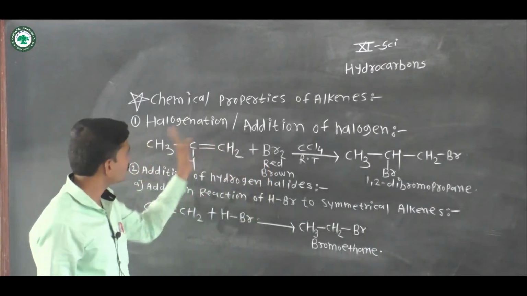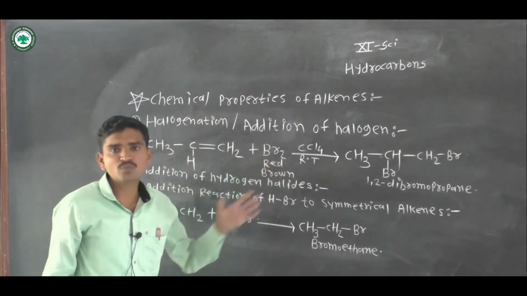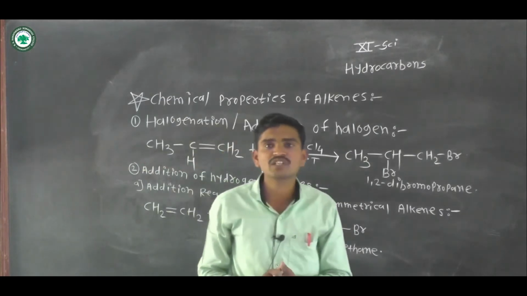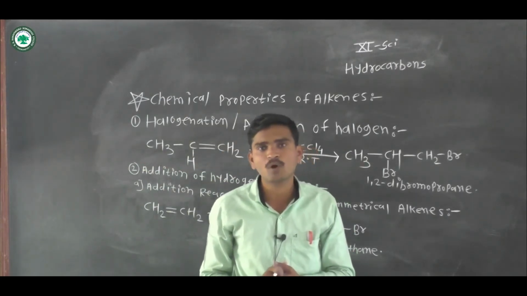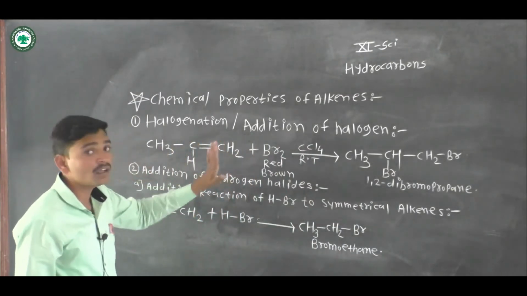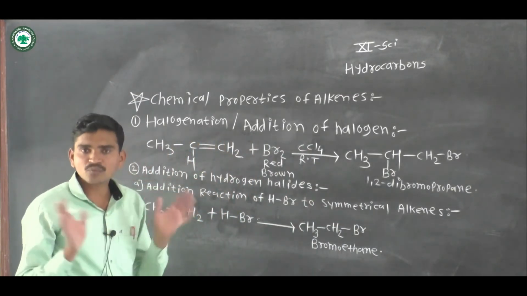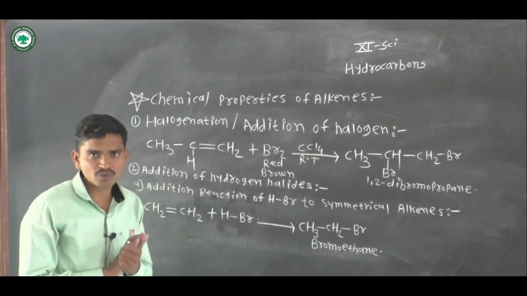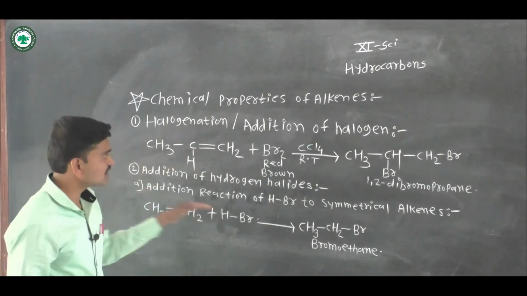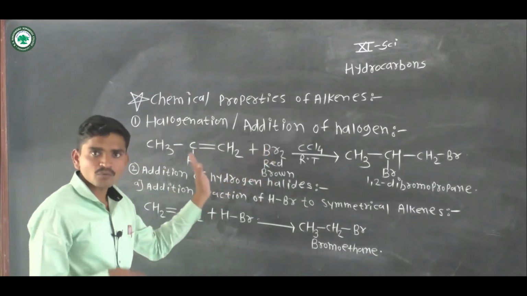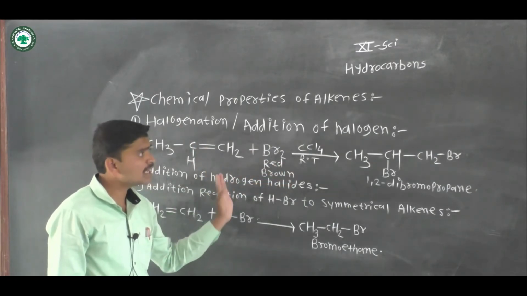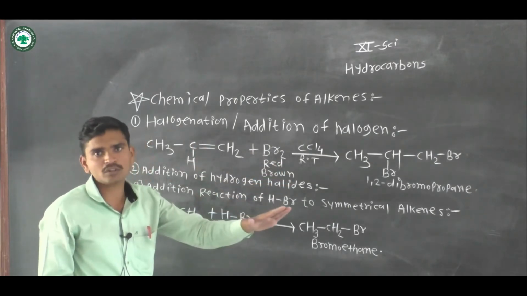This halogenation is a very useful test for detection of unsaturation present in an unknown compound. If you don't know about saturation and unsaturation in an unknown compound, when we treat this unknown compound with Br2, then it is converted into the single bond.